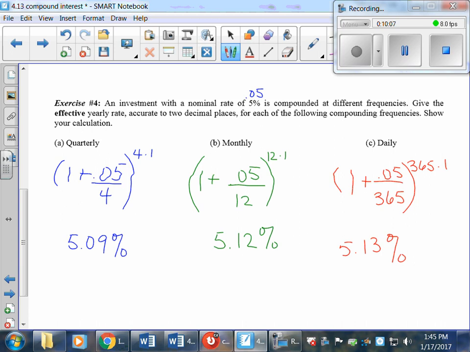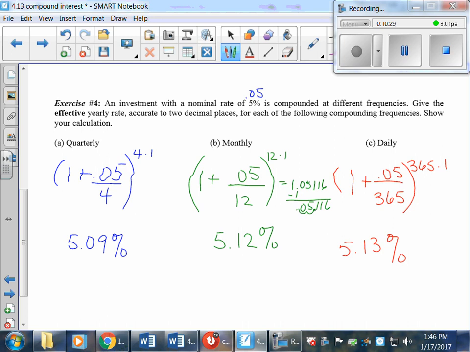I'm going to remind you, every time I did this, I'm sorry I kind of skipped this step. This is equal to 1.05116, and then I minus the 1, I got 0.05116, and then I moved it over 2 places. I'm sorry, I skipped that step, and maybe I shouldn't have.